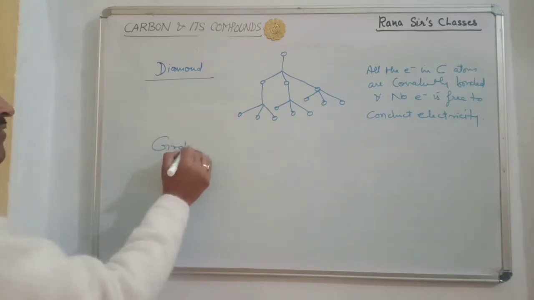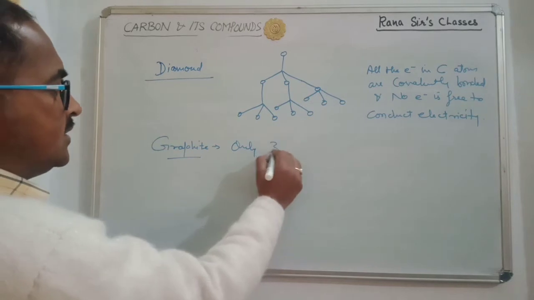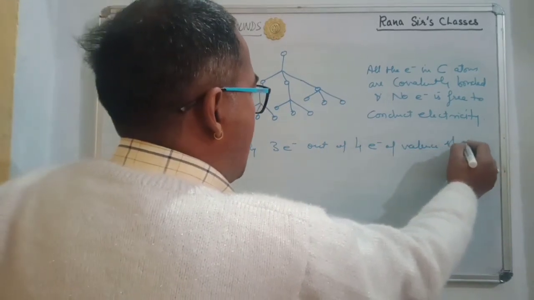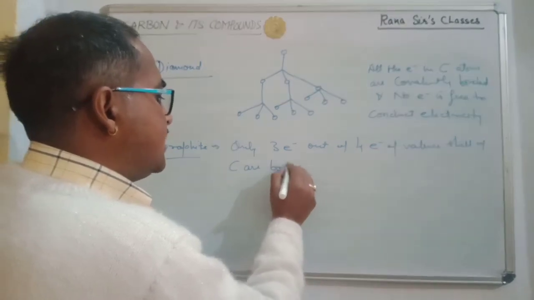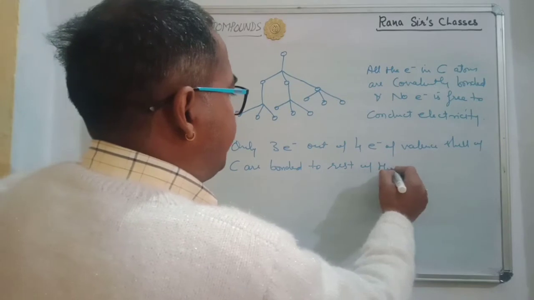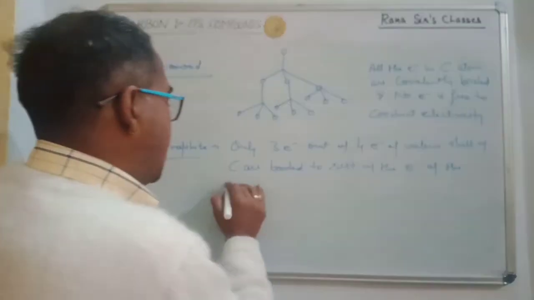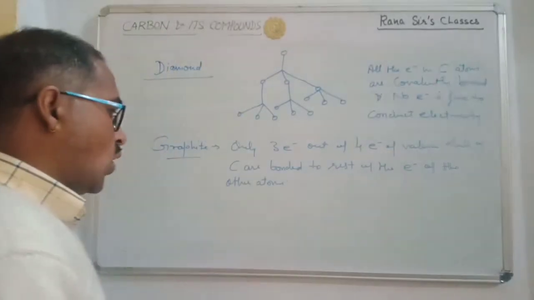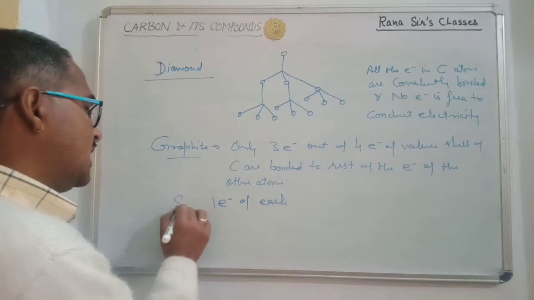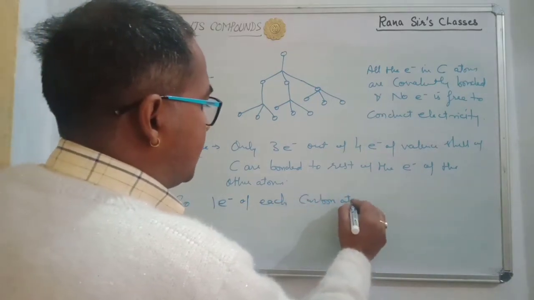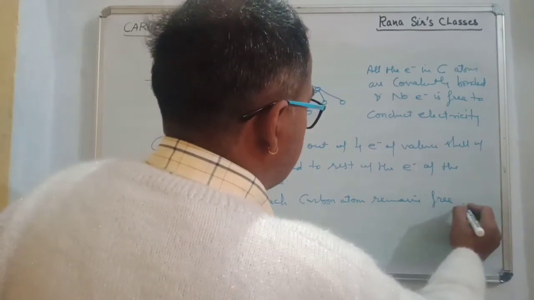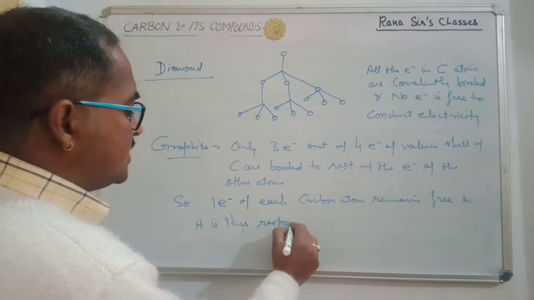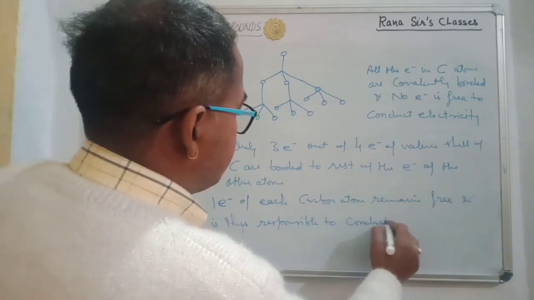But in case of graphite, only 3 electrons out of the 4 electrons of the valence shell of carbon are bonded to the other atoms, and if 3 are bonded but the valence is 4, then one electron of each carbon atom remains free, and it is thus responsible to conduct electricity.